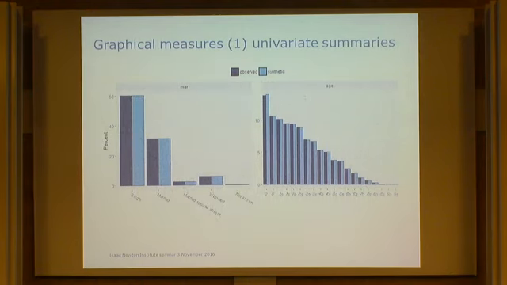Now, graphical measures. The first thing I think everybody should do is look at univariate summaries. And this is the sort of thing our package produces. These are graphs for marital status against age. The dark one is the observed and the light one is the synthetic. It's a big data set, several 100,000, and I think you can see that we've got very good agreement on marital status.